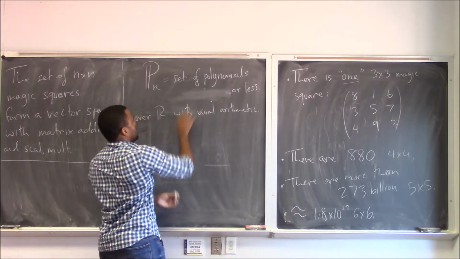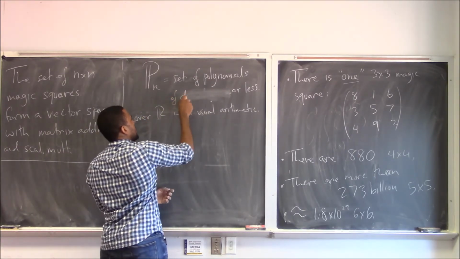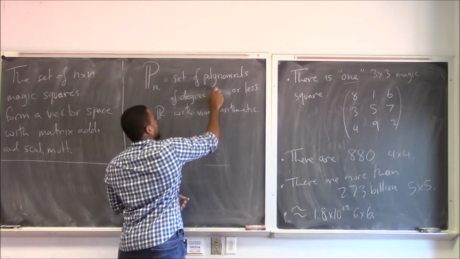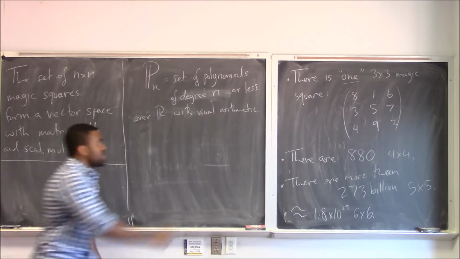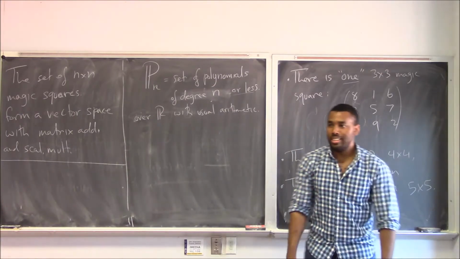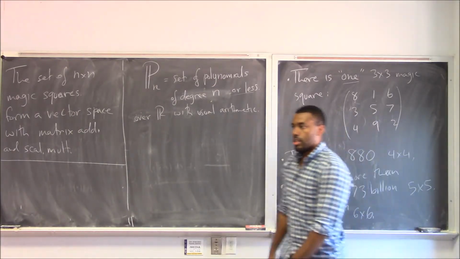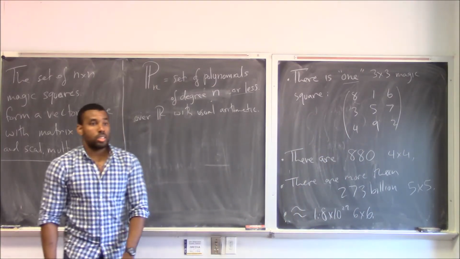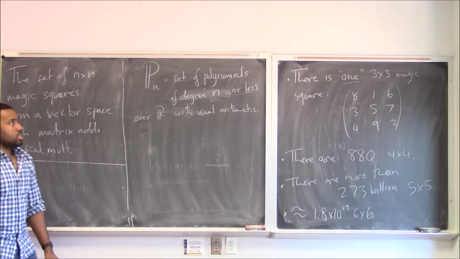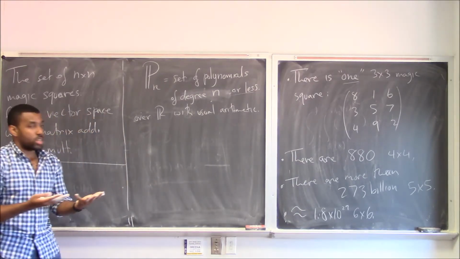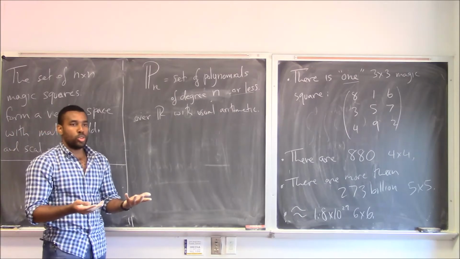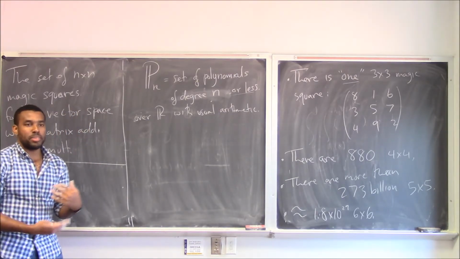Maybe I should write it that way. It seems more natural: of degree n or less. Why do we need the or less? Because adding two polynomials of degree n won't necessarily give you back that same degree. If I take two polynomials of degree 3, two cubics, I can add them and get something that's not of degree 3.